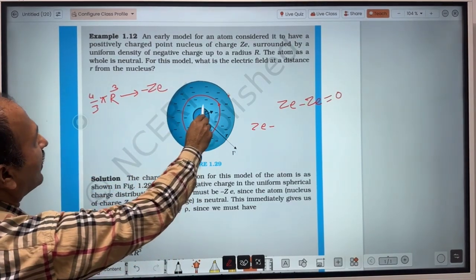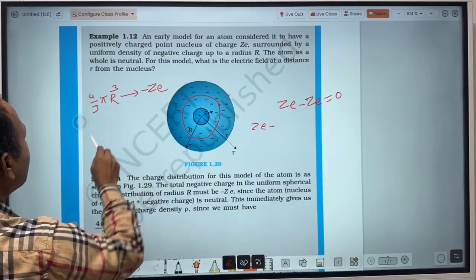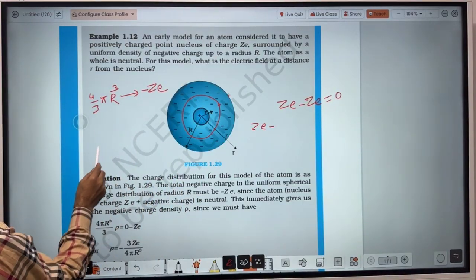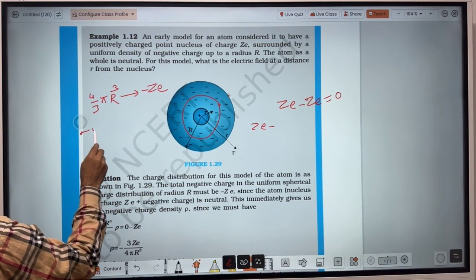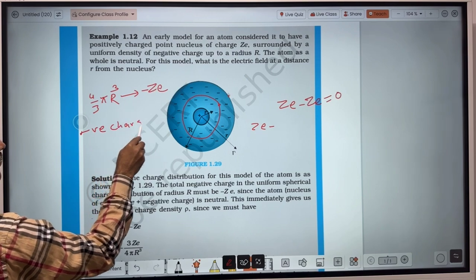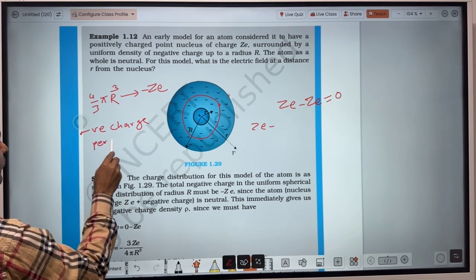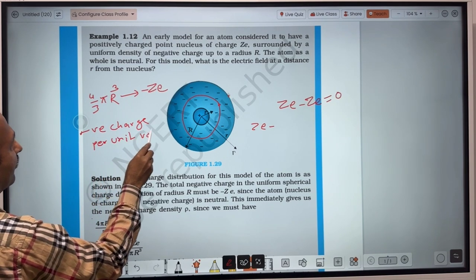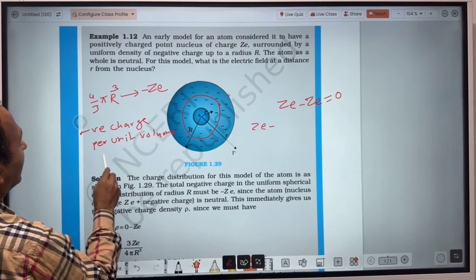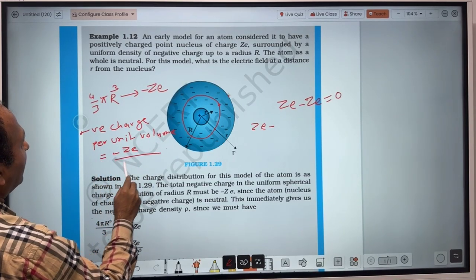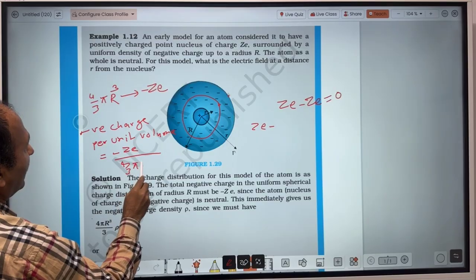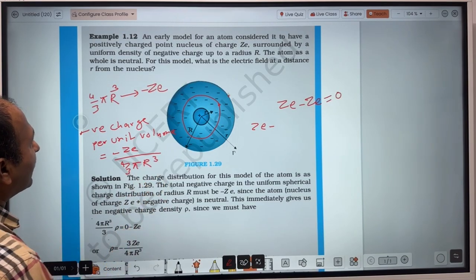Now if you are considering a small radius, small r, then here you can say the negative charge per unit volume will be equal to minus Ze divided by 4 by 3 pi capital R cube.